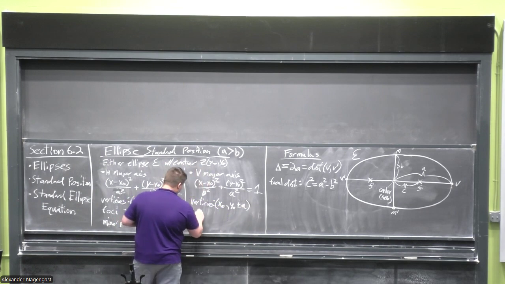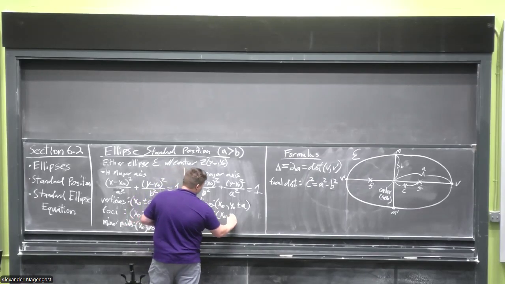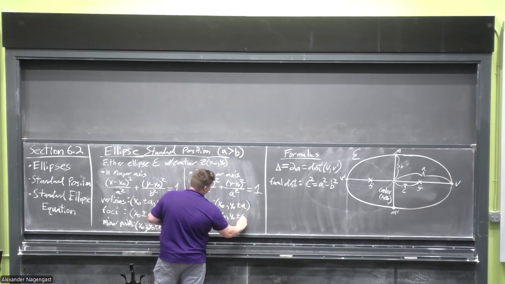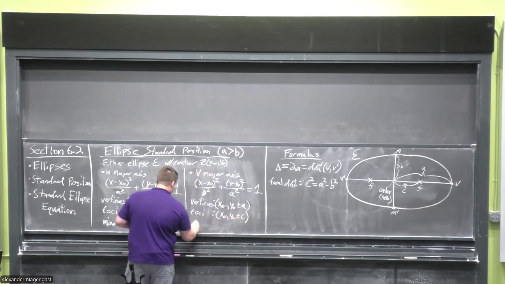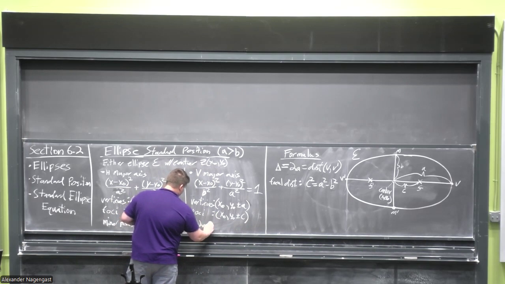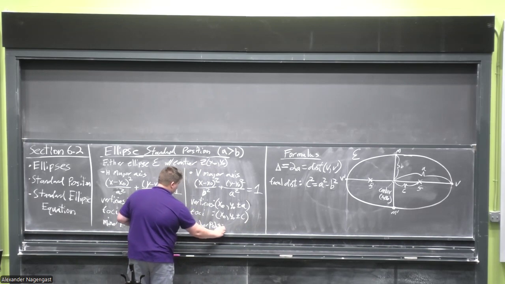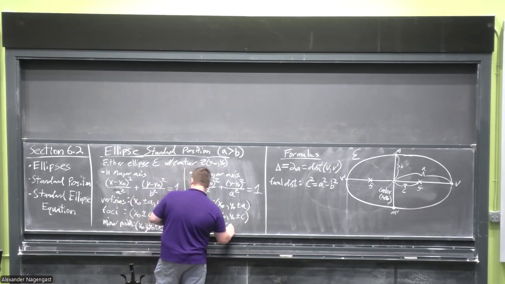Our foci will be at x naught, y naught plus or minus c. And then our minor points we'll have at x naught plus or minus b, y naught.